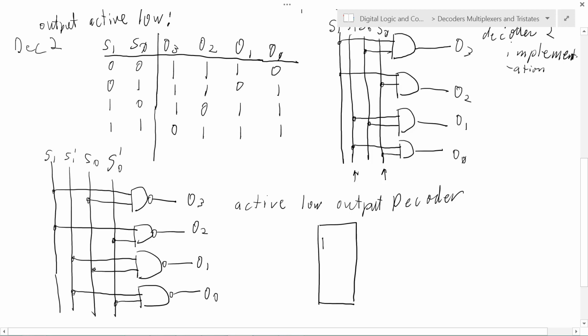So if we have an enable signal and we have S1, S0, and then our 4 outputs, O3 to O0.